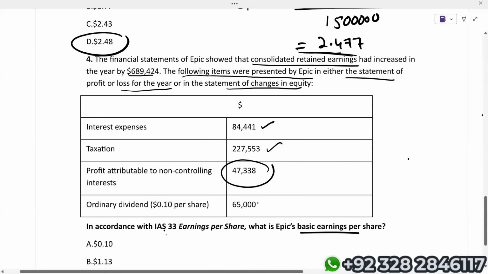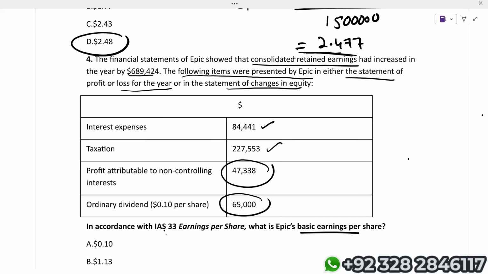Ordinary dividend. They have also deducted the ordinary dividend. Can I say deducting the ordinary dividend is incorrect? Everything is okay, but we have only one objection. The objection is while calculating EPS, we do deduct preference dividend. We do not deduct ordinary dividend.